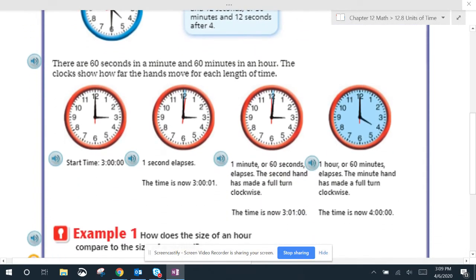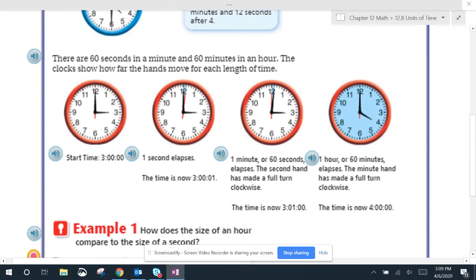Okay, let's look at how that works. The clocks below show how far the hands move for each length of time. So if we start at 3 o'clock, that means that the small hand is pointing at the 3 and the big hand, which is the minute hand, and the second hand are pointing at the 12. If 1 second passes, just the red hand moves.